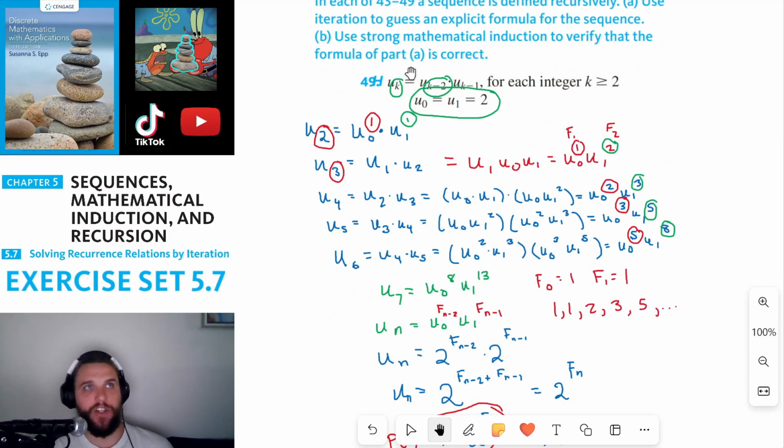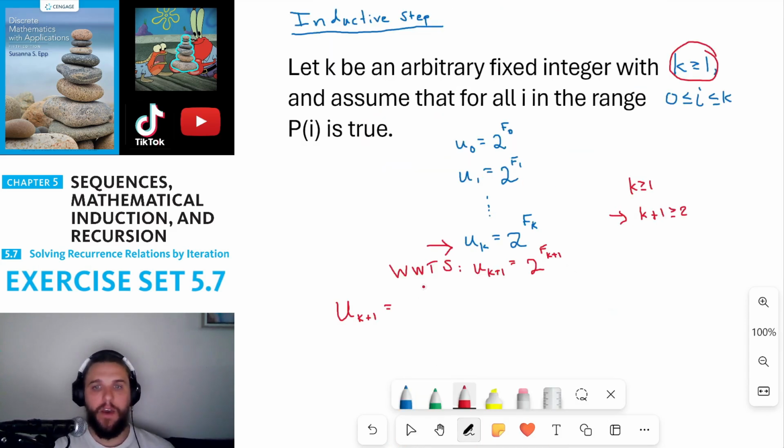The recursive definition tells us that each term can be determined by the product, the multiplication, of the previous 2 terms. So that means this u sub k plus 1 is just the product of u sub k minus 1 times u sub k. That's the multiplication of the previous 2 terms.